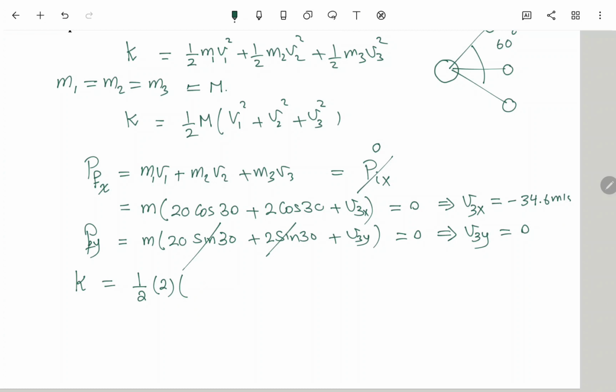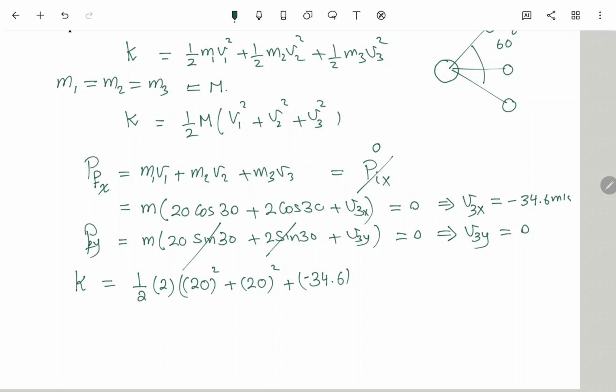times 20 squared plus 20 squared plus 34.6 squared.